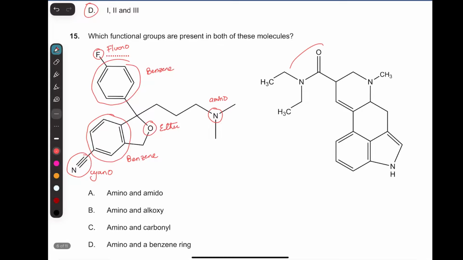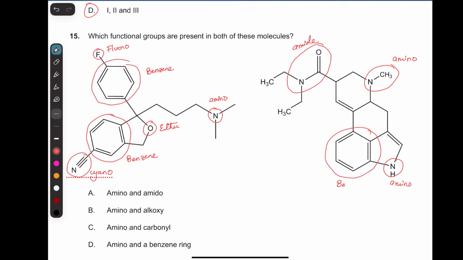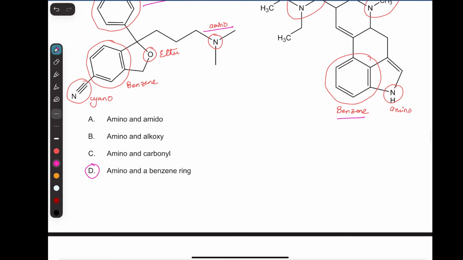On the other one, this thing together will form the amide group. This is amino. This is amino again. And this is benzene. If you check both sides, benzene and amino are the only common ones. The answer would be amino and a benzene ring. Option D.